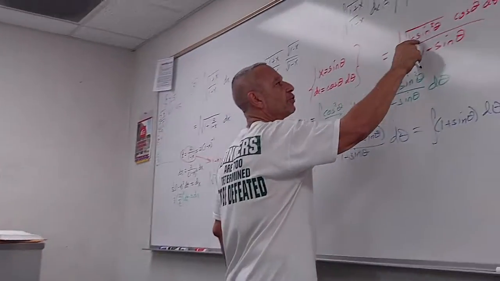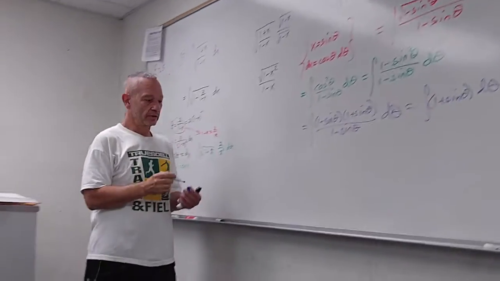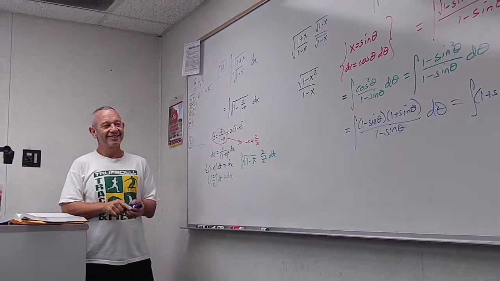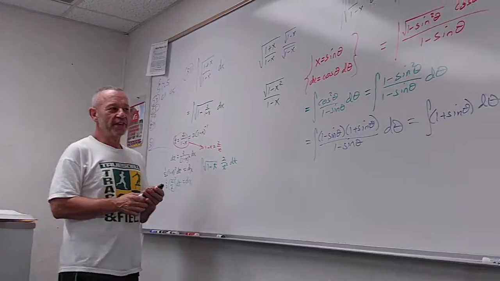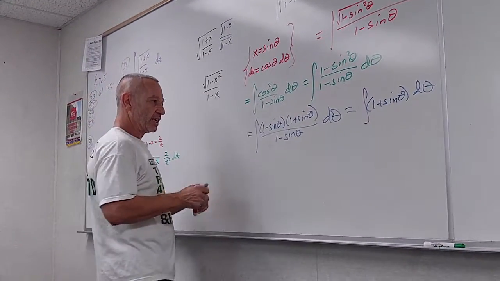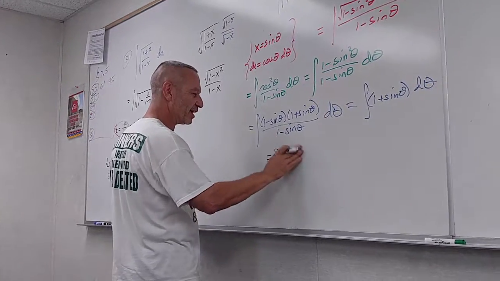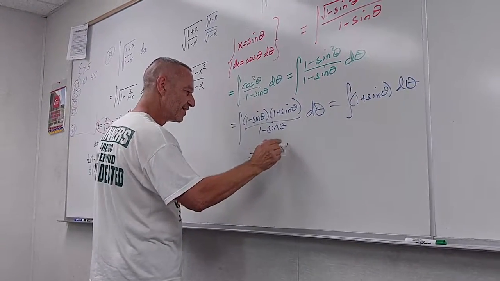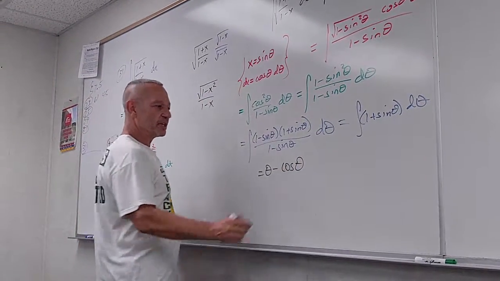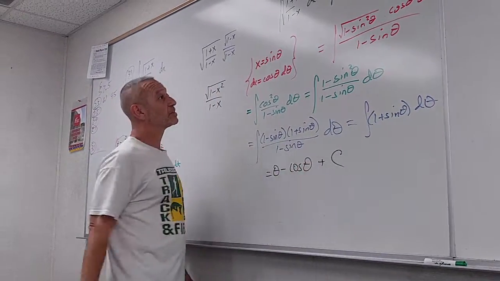But I have cosine times cosine. No, you're not. So theta minus cosine theta. See, you guys are so used to me making mistakes. Plus an arbitrary constant, and then we have to back substitute.